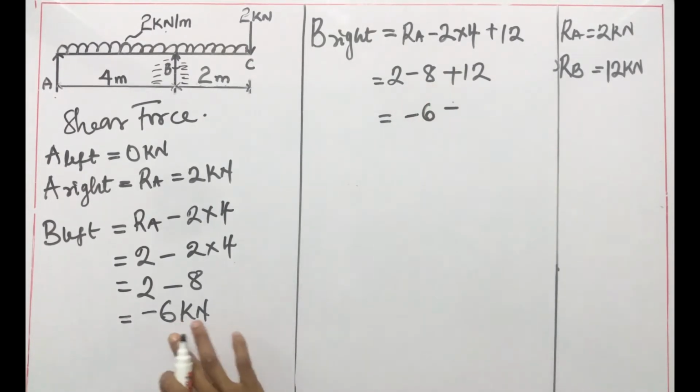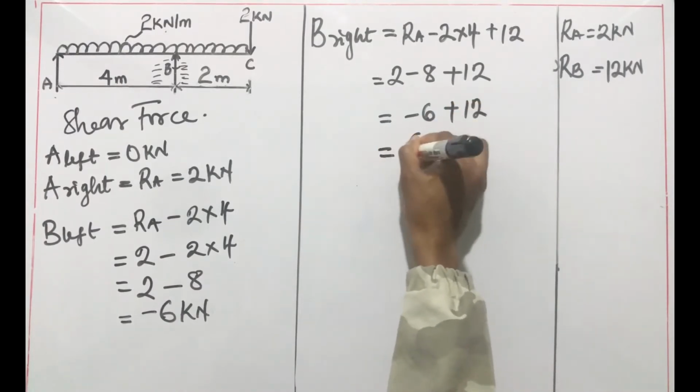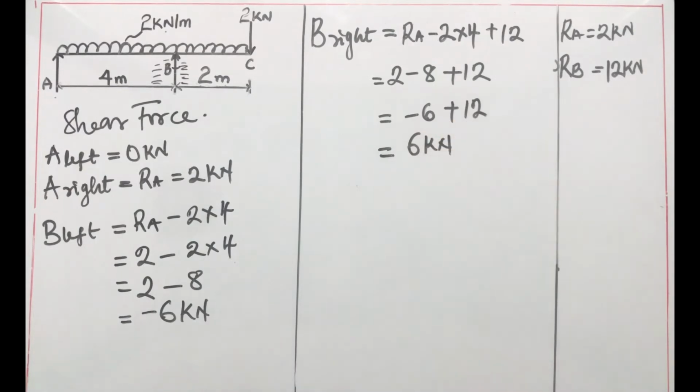Resolving this, we have minus 6 plus 12. Now you can see that it's the same. So we'll have our shear force at B right to be 6 kilonewton.